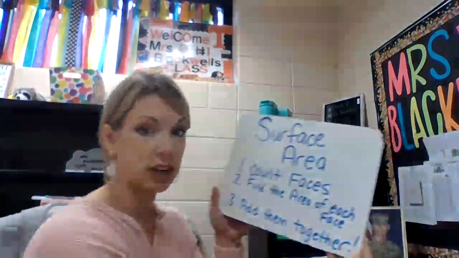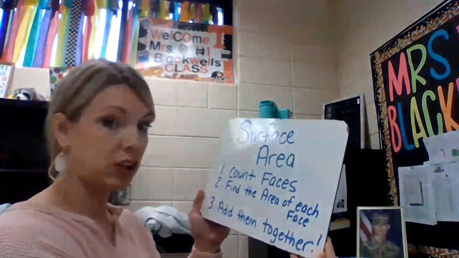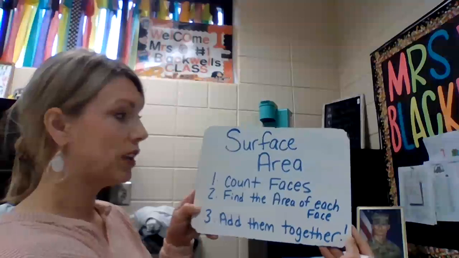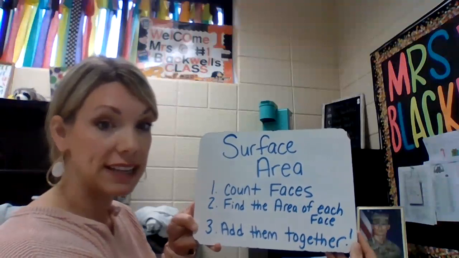All right, let's talk about surface area. Surface area is when you have a 3D shape. 3D shape means you can kind of see through it. You see all the different parts of it. And for surface area, you've got rules. So let's look at our rules for surface area. For surface area, you are going to first count your faces.